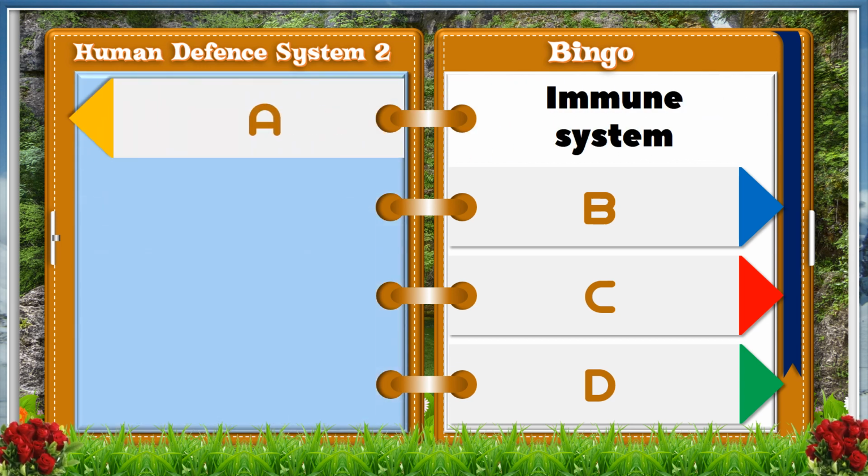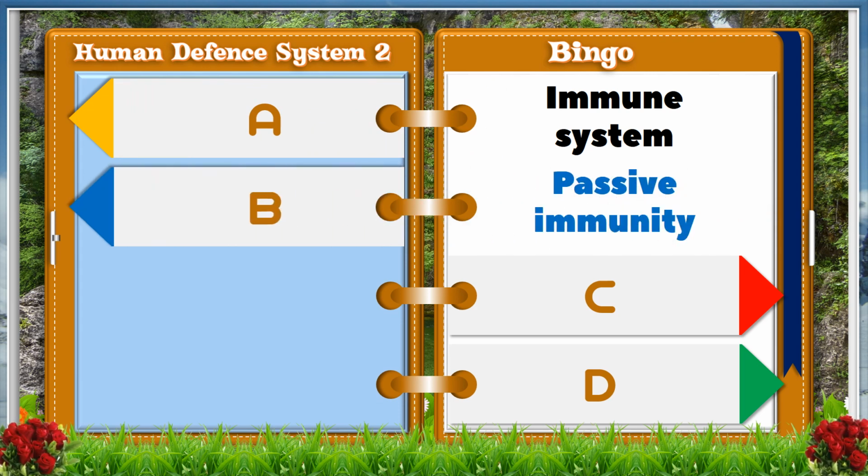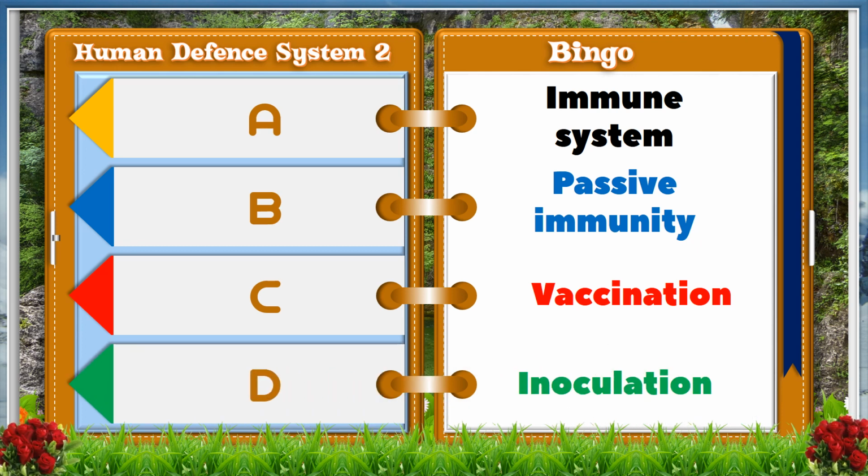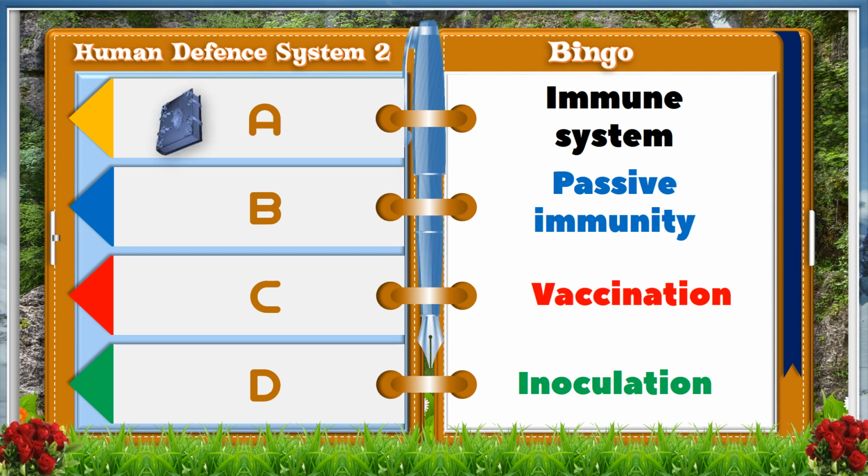A. Immune system. B. Passive immunity. C. Vaccination. D. Inoculation. And the answer is A. Immune system.